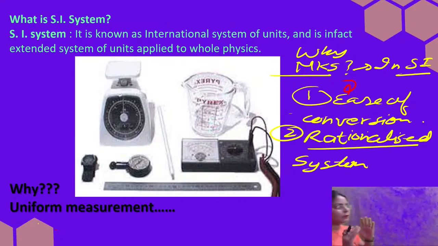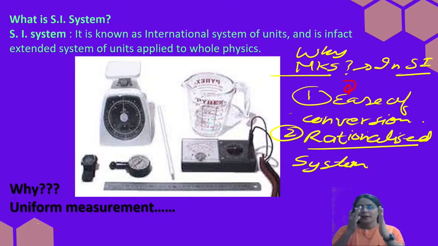See, there are 3 units. I can say for energy, the work that I have done in jogging, I have burnt around 500 calories. Okay, 500 calories burned by me, that is my loss of energy.